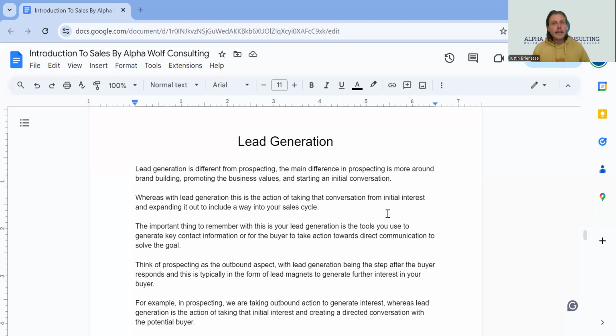So that's a key thing about lead generation, is it's low commitment. They don't have to do anything with it, but those who want to get the value out of it will get the value out of it. Those who don't want the value will be out of our process.